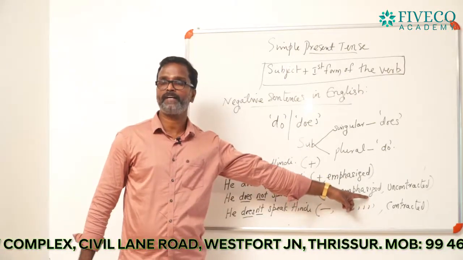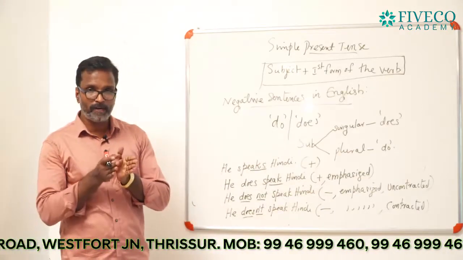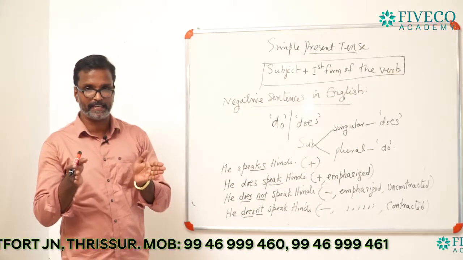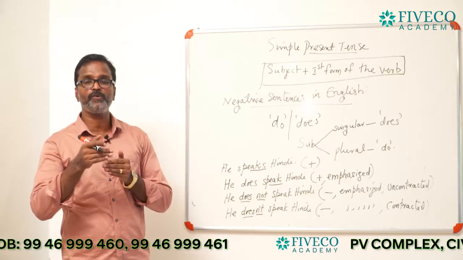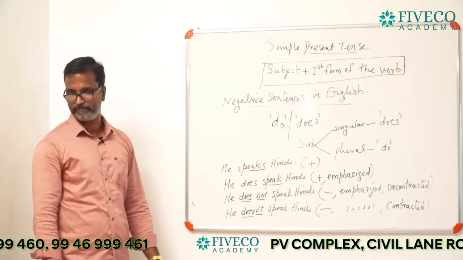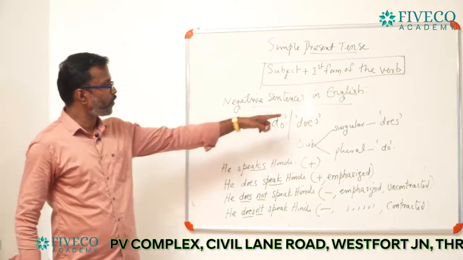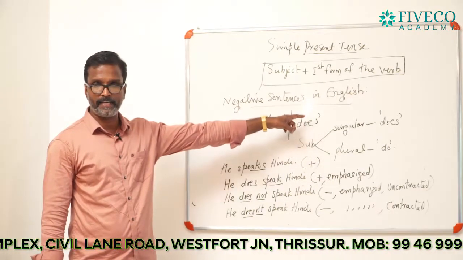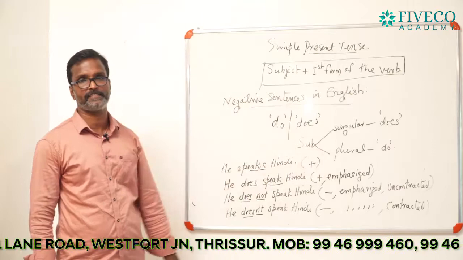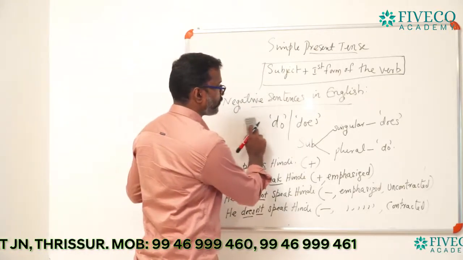So you want to remember one thing: you can use the uncontracted form in written English, and in communication English you can use only the contracted form. So this is an example of the auxiliary verb does, and does can be used with a singular subject. I shall give you another example for a plural subject.